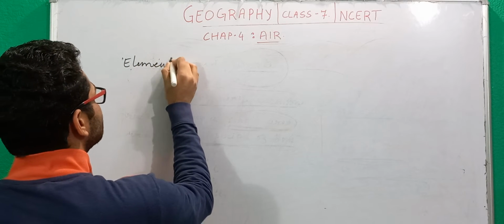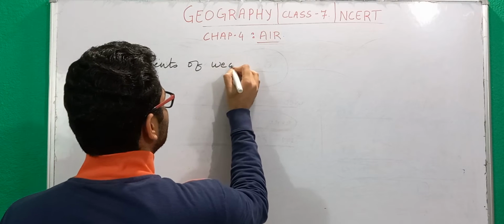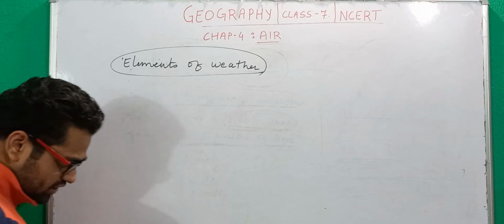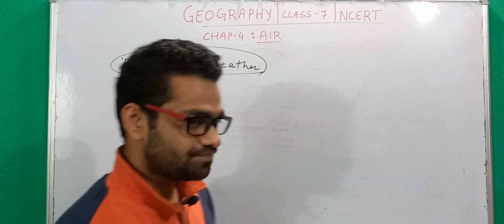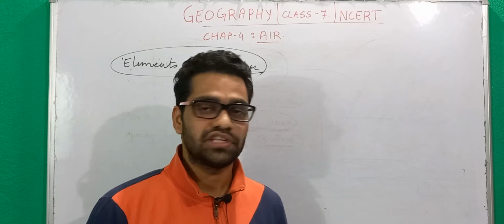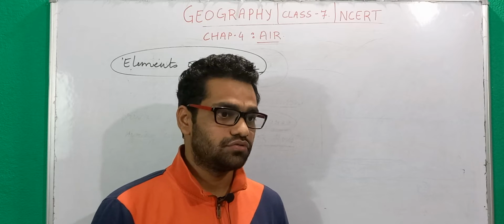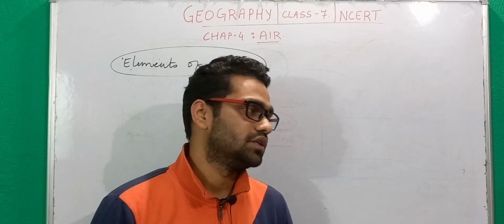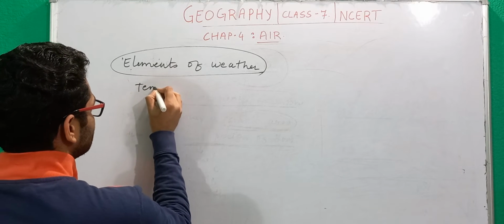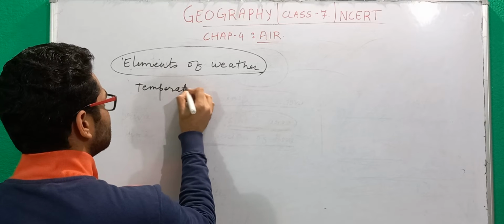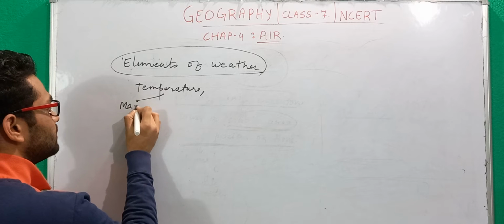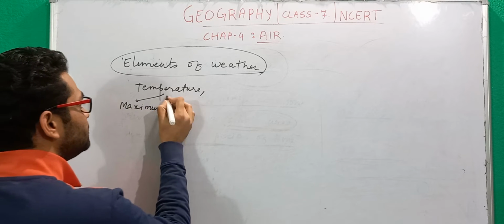So what are the elements of weather? Basically what I want to say here is what you see when you observe the weather forecasts on television or on radio or on your mobile, a smartphone itself. So 3 basic things: temperature, the maximum temperature and the minimum temperature.